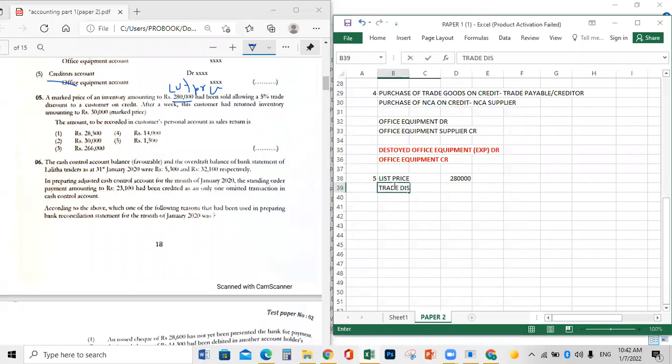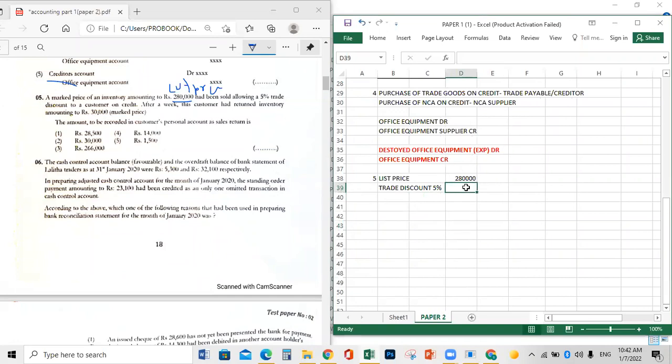All you have to do is deduct the 5% trade discount directly from the list price. Now 5% of it is how much? Can someone tell me? 14,000.